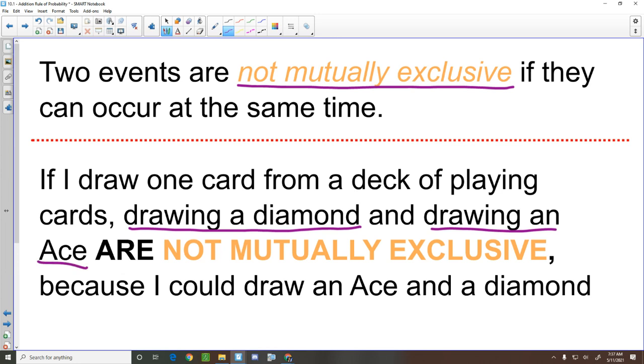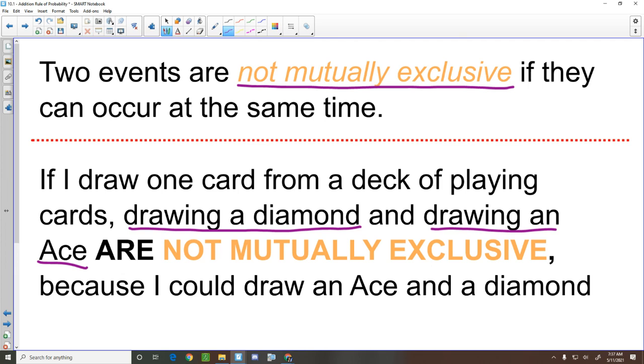Well, those 2 events aren't mutually exclusive because couldn't they both occur at the same time with a single draw? Can I draw an ace and draw a diamond at the same time? Because there are 13 cards with diamonds. One of them is an ace. Right? I could draw the ace of diamonds, meaning it would be both of those things. So both events could occur at the same time.